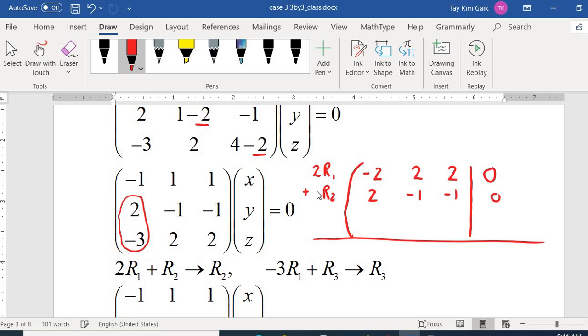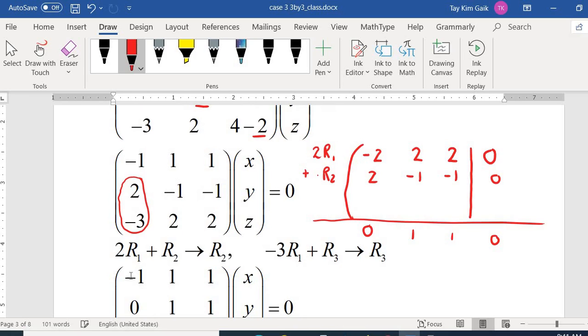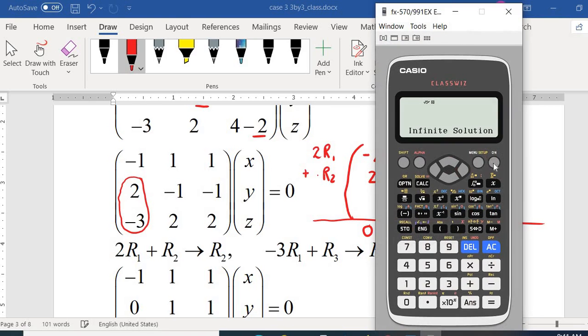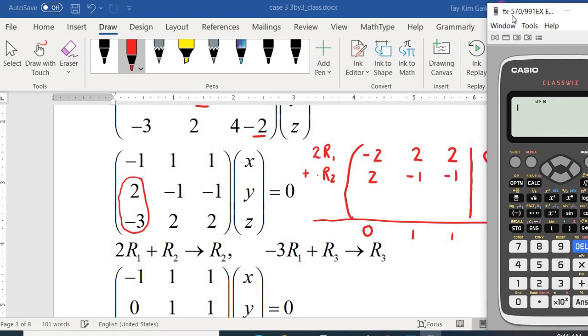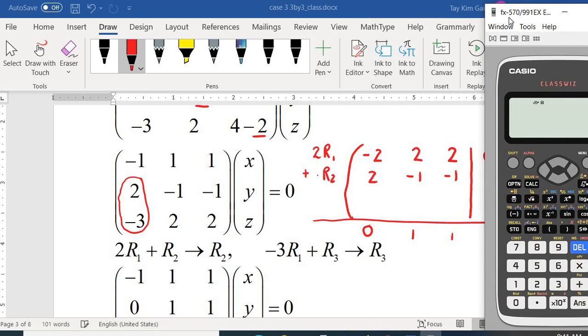Negative 2 plus 2 is 0. 2 minus 1 is 1. 2 minus 1 is 1. 0 plus 0 is 0. We put these changes on row 2, with no changes on row 1. So row 2 becomes 0, 1, 1. This is done manually. You may also use your calculator. Go back to step 1, because actually it's the same operation, but we repeat it 3 times for 3 columns.